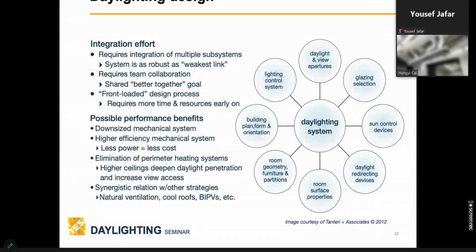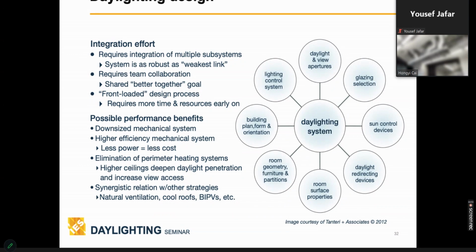I will talk about them in different chapters. Then daylight redirection devices. These are devices that can redirect the sunlight to a different direction. For example, redirect the sunlight received on the roof down to the base. Those kinds of complex systems. We will talk about them later.